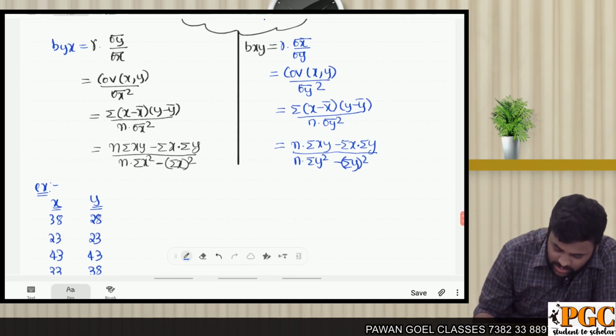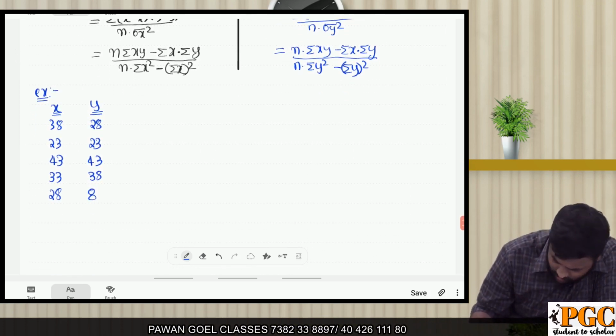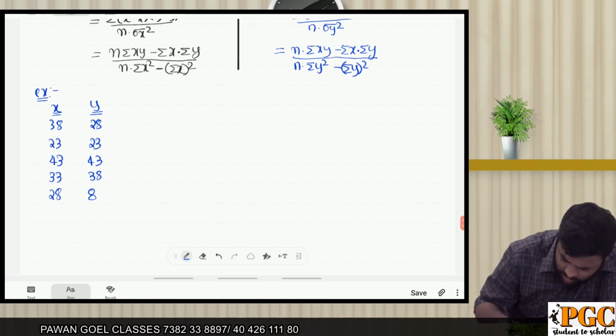Now first let us compute byx. If you want to compute byx, you want n. We have n is equal to 5. We want summation of xy.